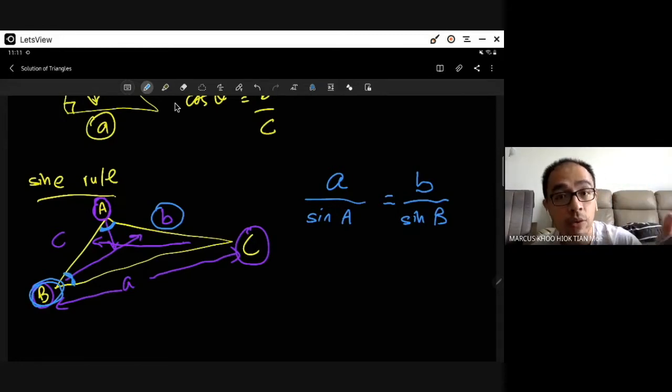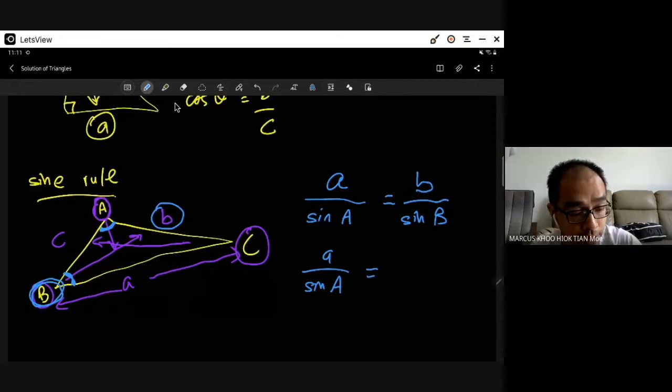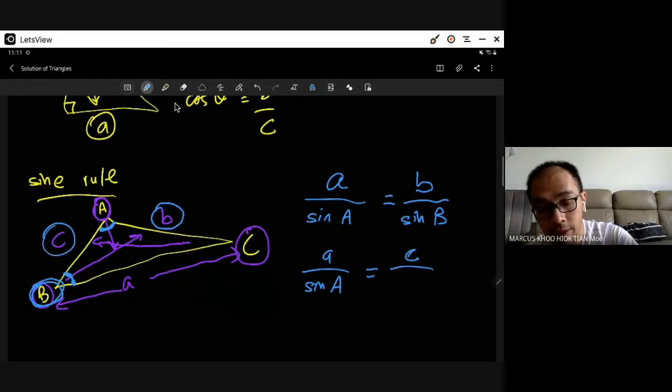The sine rule also tells us the relationship between A and C: A over sine A equals the length of C over sine C.